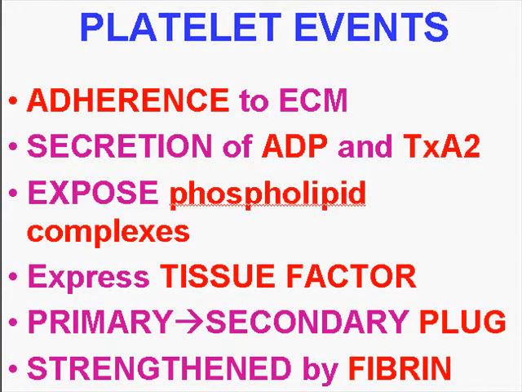Another way to look at the purpose of a platelet's life, in a linear, sequential, logical order of events, is that the first thing a platelet does when it grows up to play its role in coagulation is to adhere to the extracellular matrix, by virtue of the fact that the endothelial cell has been disrupted.